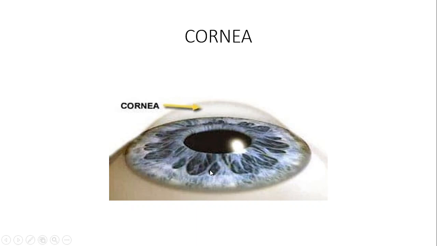So to start with, we have a branch of the trigeminal nerve known as the ophthalmic branch, and the ophthalmic branch also has three major branches. These are the frontal nerve, the lacrimal nerve, and the nasociliary nerve.